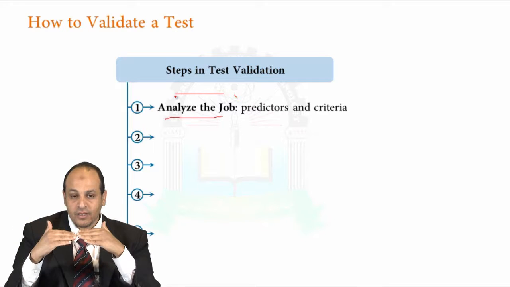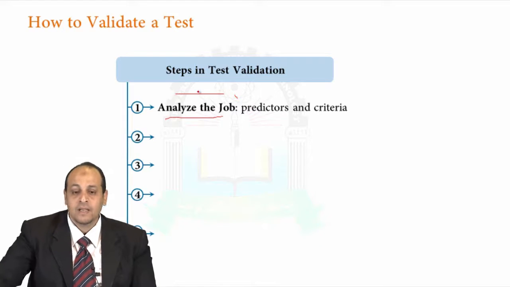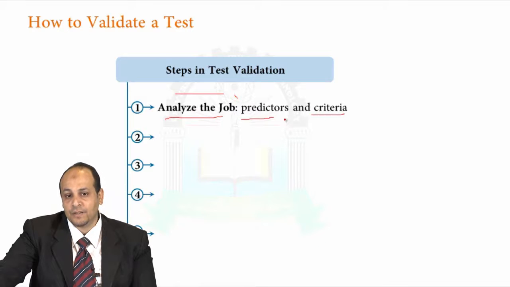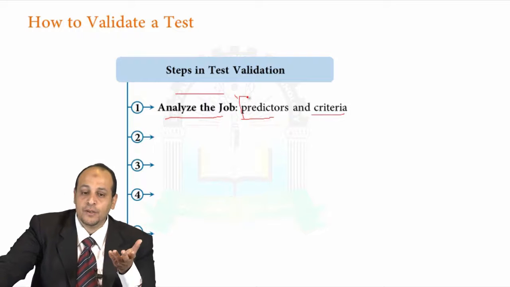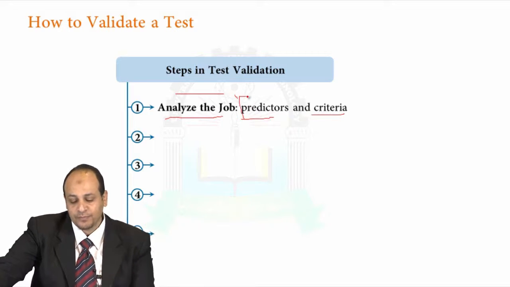If they match, we say this candidate is actually worth giving the job. So we refer to them as predictors and criteria. We call them predictors because we can use them to predict the behavior of the candidates in the future.